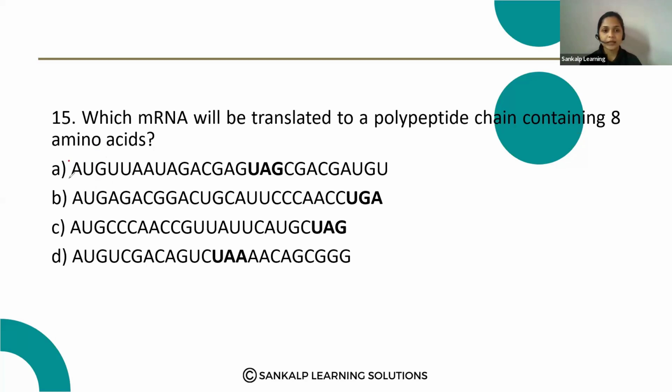Here in option A, AUG is one amino acid, UUA 2 and 3, 4, 5. UAG is the stop codon. 6, 7, 8. So here total 1, 2, 3, 4, 5, 6, 7, 8 amino acids are there.